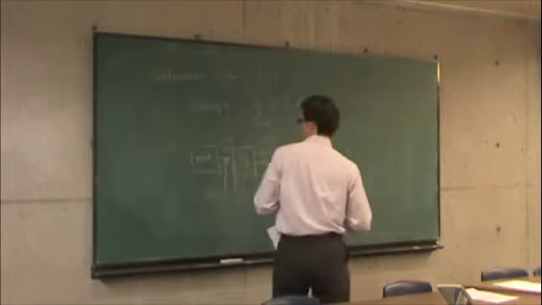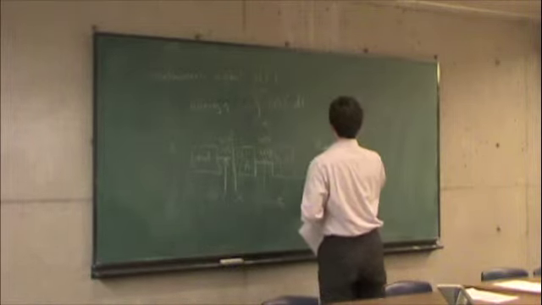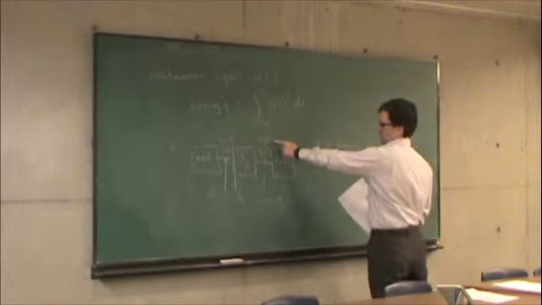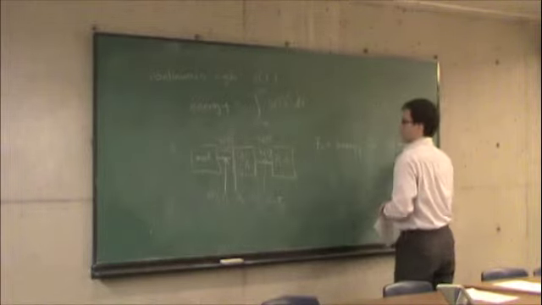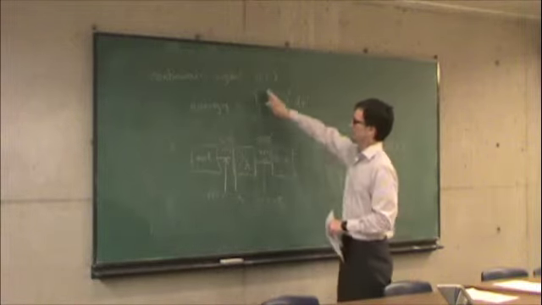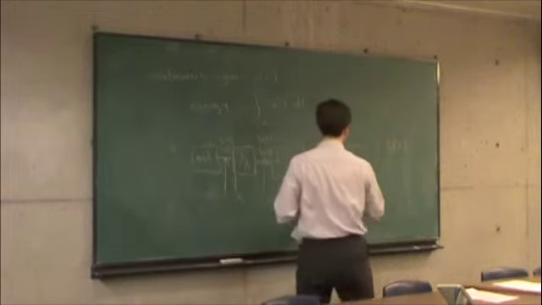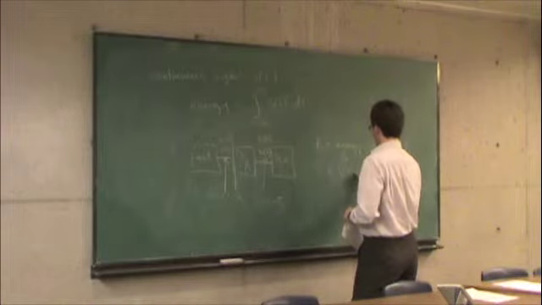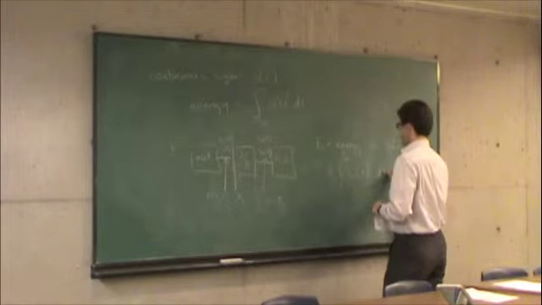What's the energy in S0? Let's call E0 the energy in the continuous time waveform that you use to transmit 0. That's the energy in S0 of t, which is equal to the integral from minus infinity to infinity strictly, but it's only non-zero from 0 to TB, of S0 of t squared.